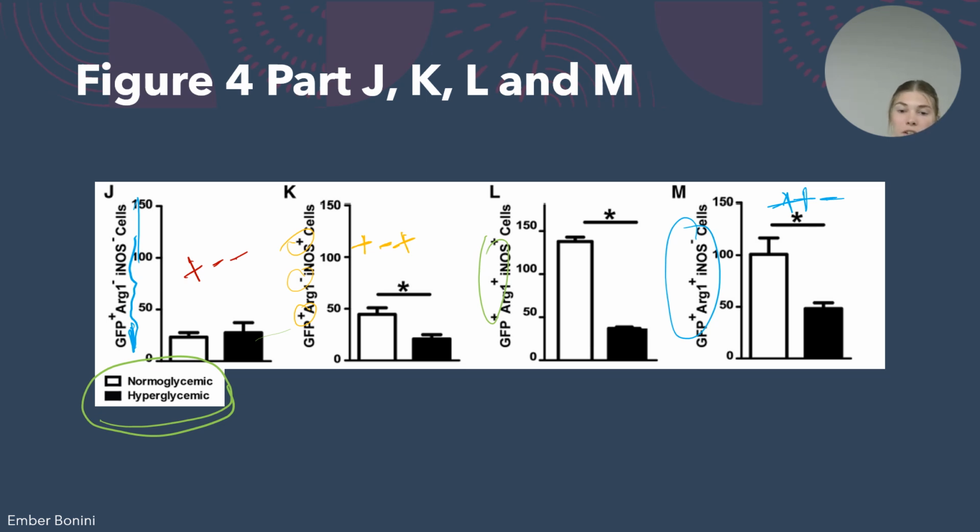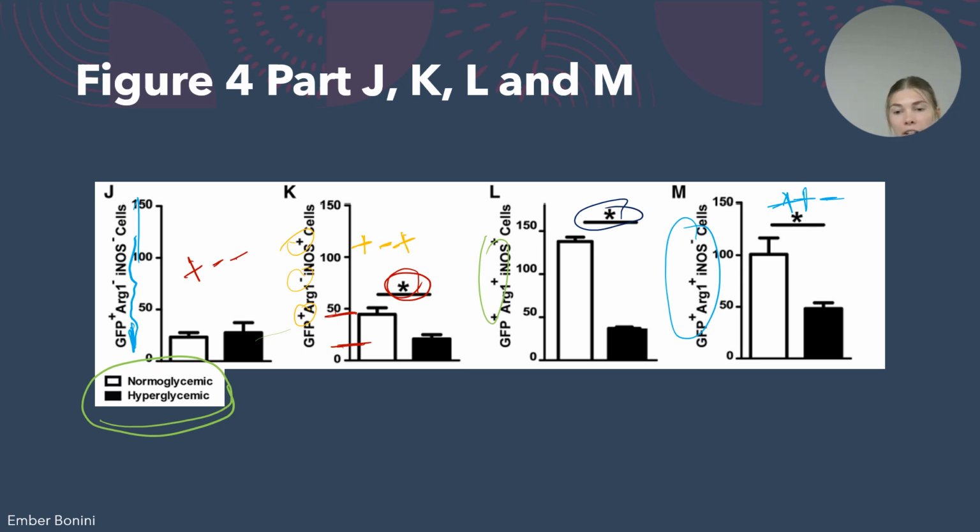When we go into figure K, we start to see that difference in there, and that's the statistical difference that we're seeing right here. As you can see, our normal glycemic is at the 50 marker, whereas the hyperglycemic is roughly around 25. In L, this is where we're going to see our biggest difference, and this is when all of the cell bodies are present in that one. So here, as we can see, we do have the highest jump. So our significance factor is going to come into play a lot.